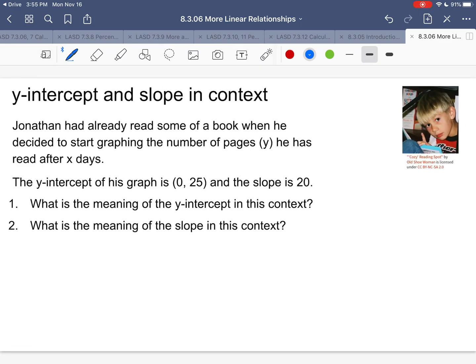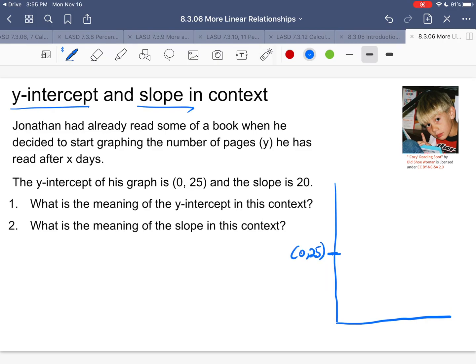So let's look at another example and look at the context of the y-intercept and the slope. So Jonathan is reading a book, and he decided to start graphing the number of pages he has read after so many days. I guess he's keeping track of how much he's reading. And so the y-intercept, when he starts graphing, I'm just roughly drawing it here, is going to be 0, 25.